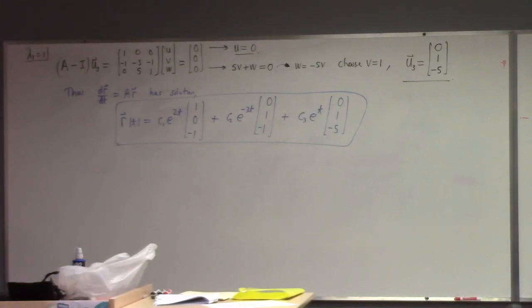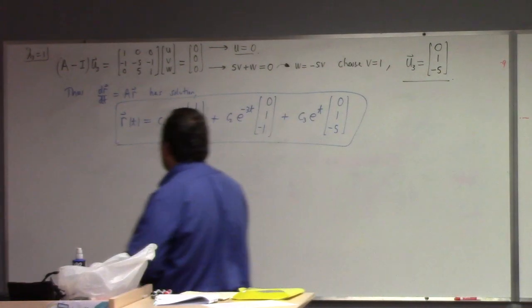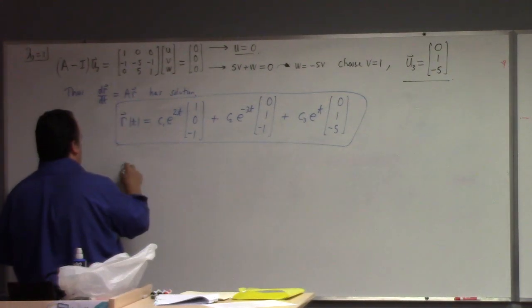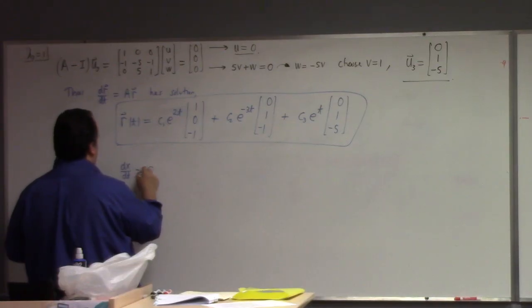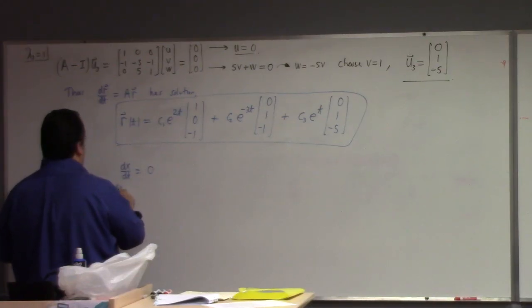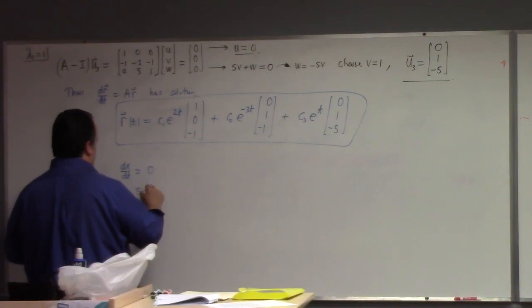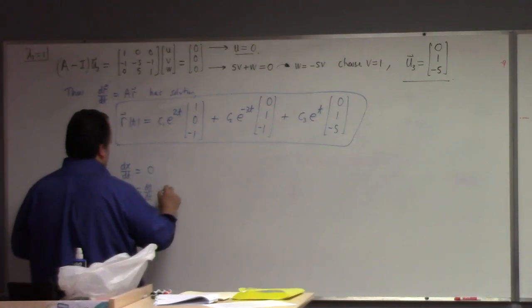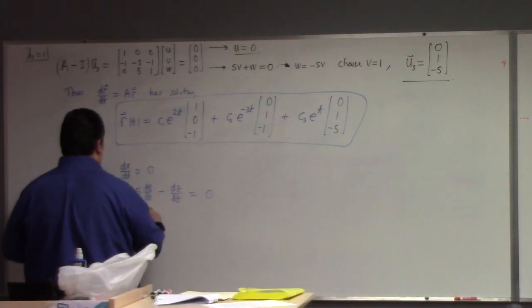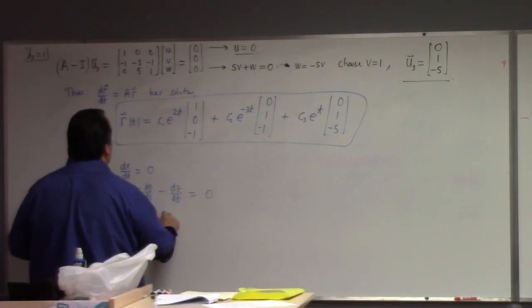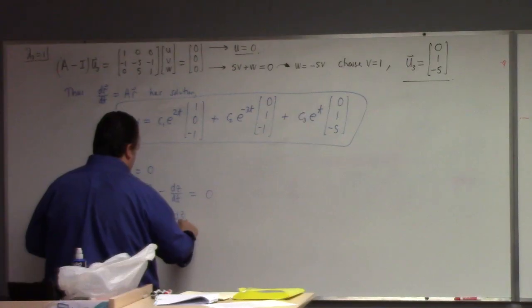Is this faster than solving each individual equation? Well, I don't know. I think so. Usually. Here we've got dx/dt is equal to 0, then minus dx/dt minus 5 dy/dt minus dz/dt is equal to 0, and then 5 dy/dt plus dz/dt is equal to 0.